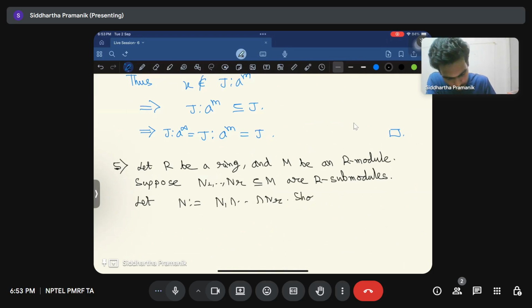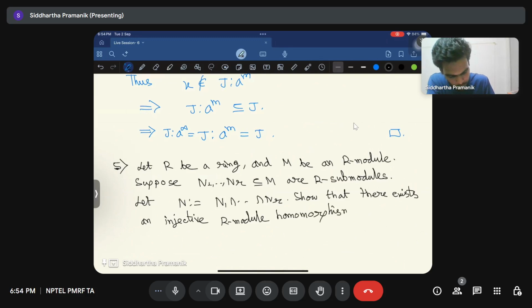Then there exists an injective R-module homomorphism phi from M mod N to the direct sum of the individual quotients M mod Ni, i running from 1 to r.